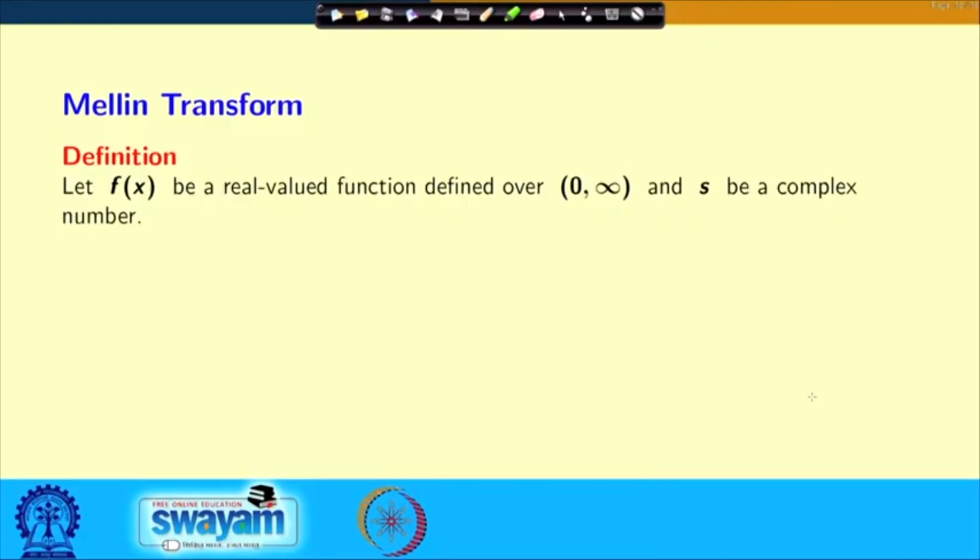First, let us go to the definition of Mellin transform. Let f(x) be a real valued function defined over 0 to infinity and s be a complex number.